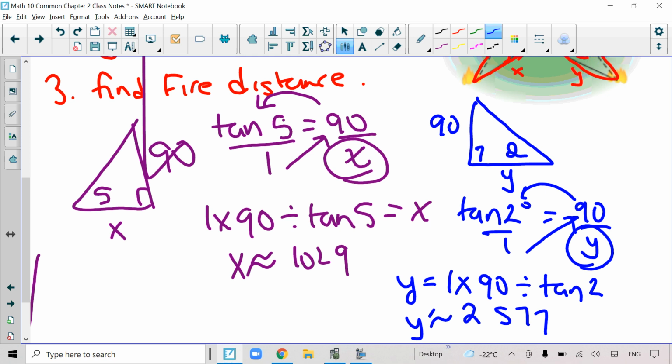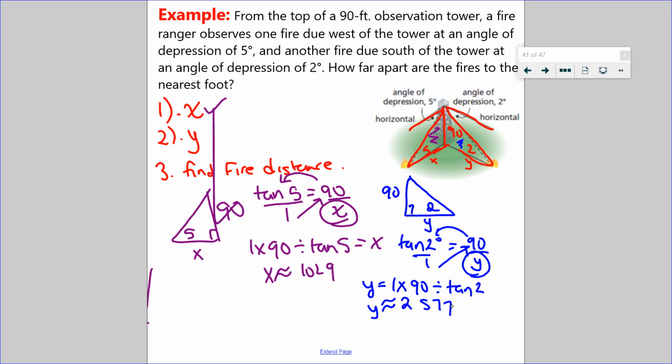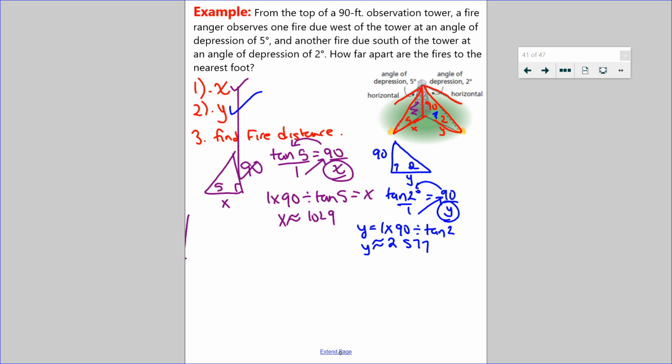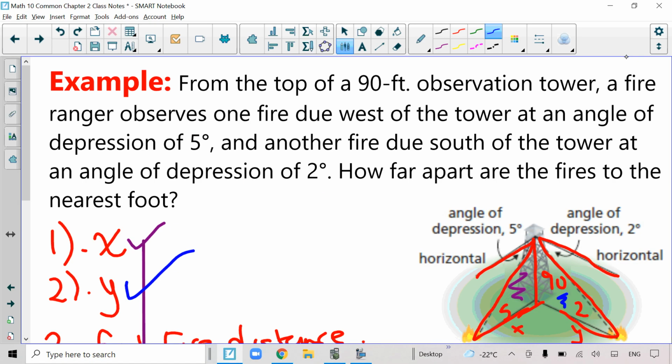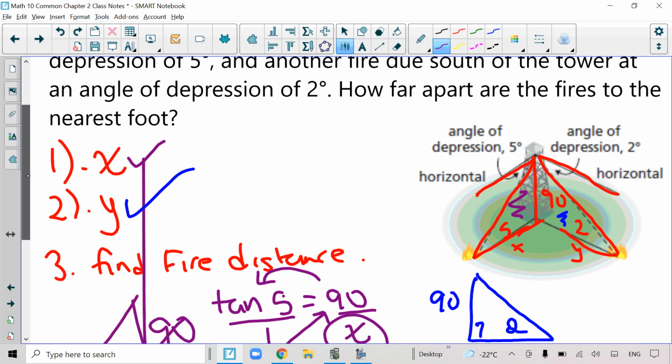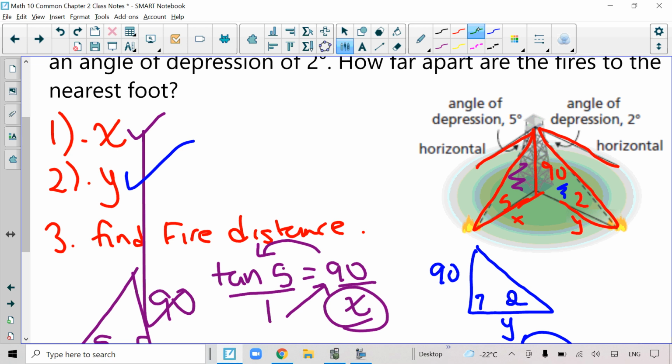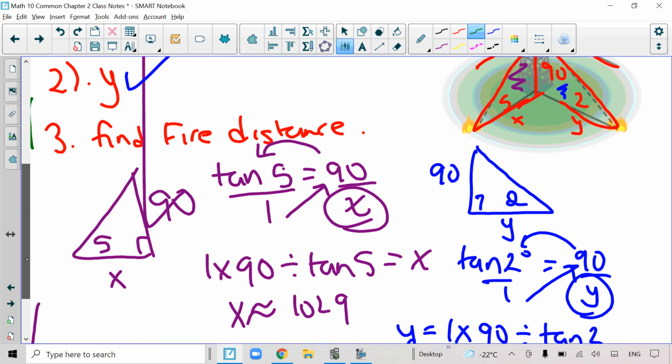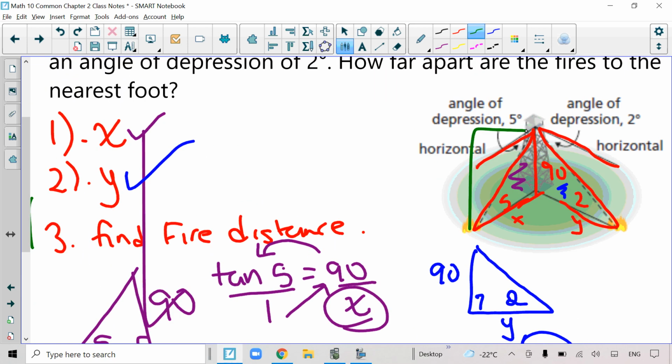Okay, so now, let's go back to our plan here, I found side y. So I'm going to put that together and find the fire distance. So I'll give myself a little bit more room here. Now I want to find the distance between the fires. So now I have my third triangle, which is right here.